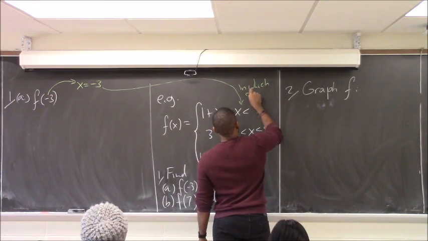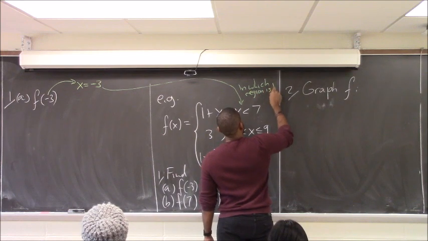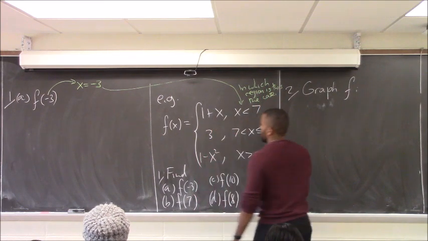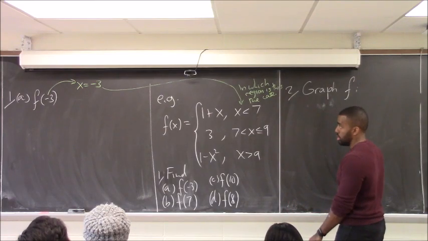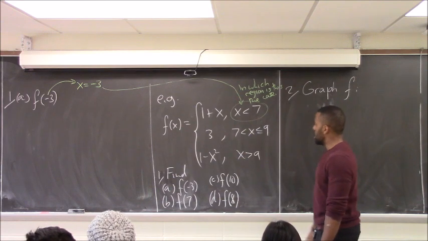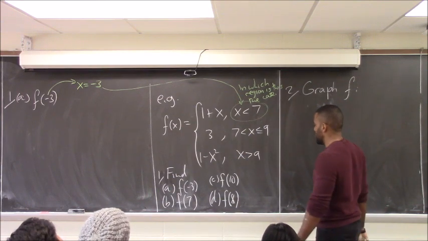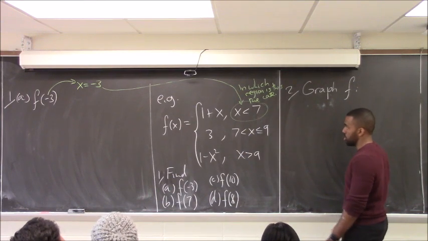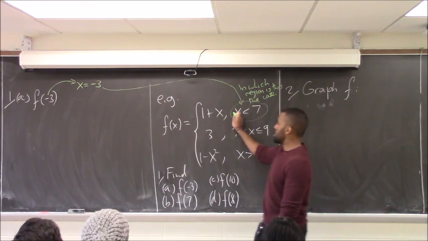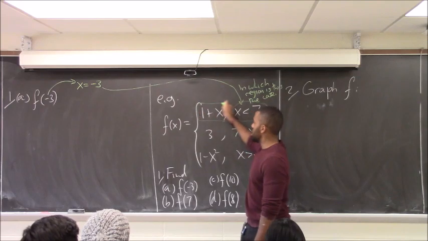In which region is this the case? You would notice that minus 3 falls into this region. Minus 3 is not greater than 7 but less than 9. It's also not greater than 9. It is only a number that is less than 7. This means that you take that definition and that definition only.